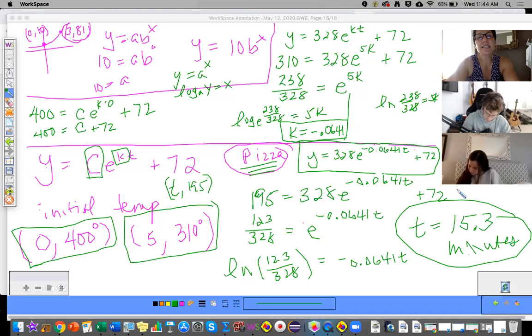It's just the T and the Y that vary. In other words, the temperature of the pizza depends upon what time it is, but the C and the K remain constant. Okay?